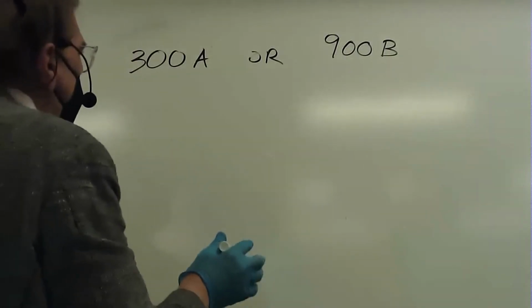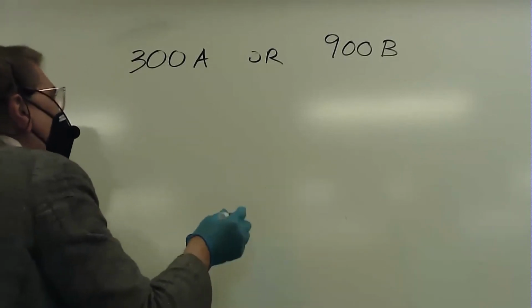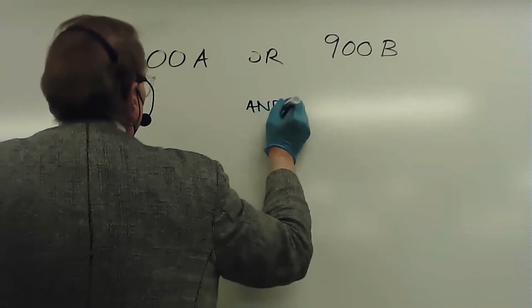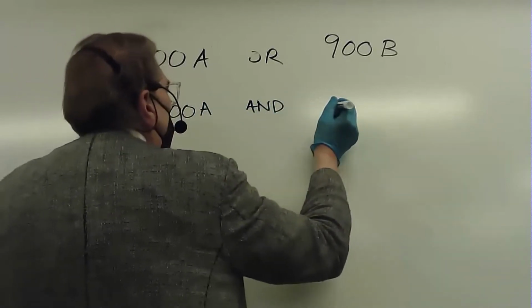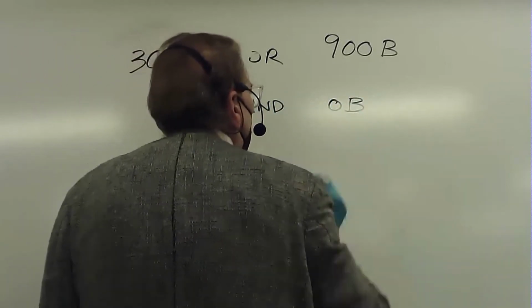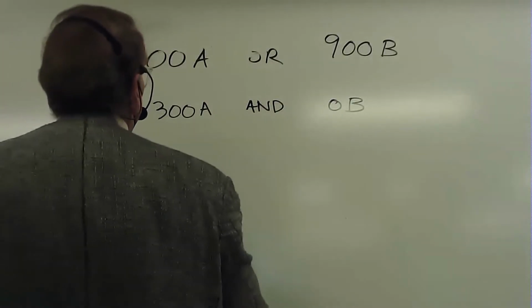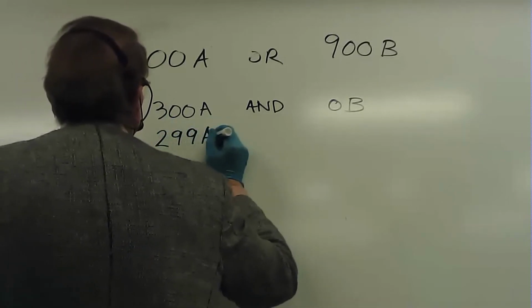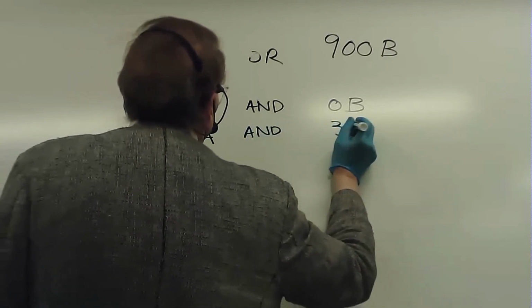Well, those are the two extremes, but the possibilities from that would be, if you want to make it like "ands," you could produce 300A and no B, right? If you wanted to produce 299A, you would also be able to produce 3B with it.